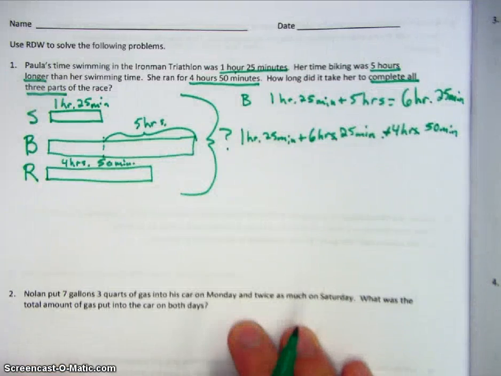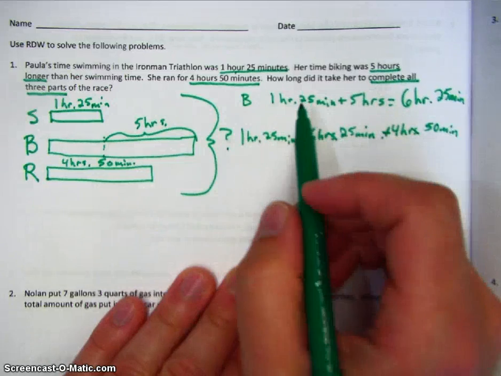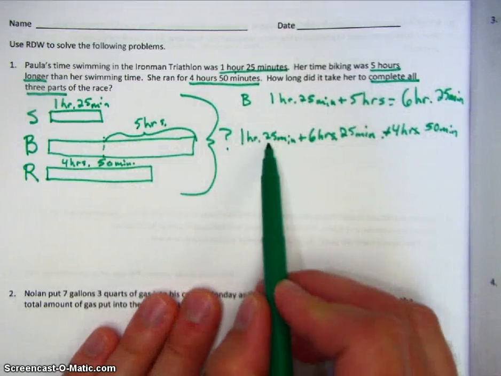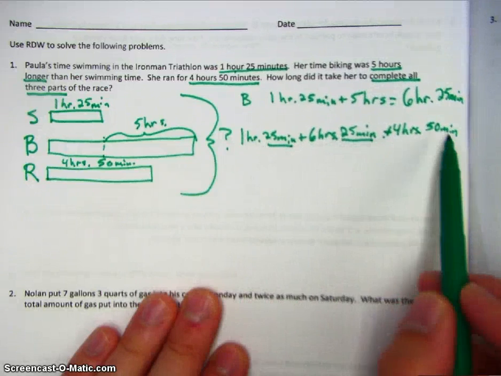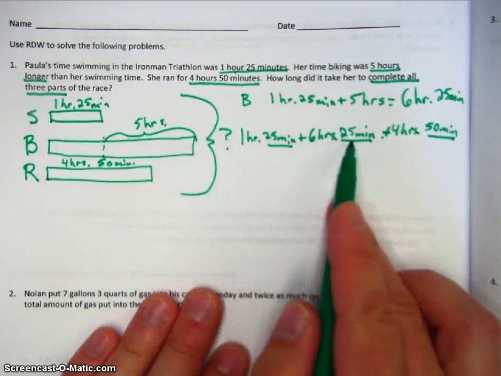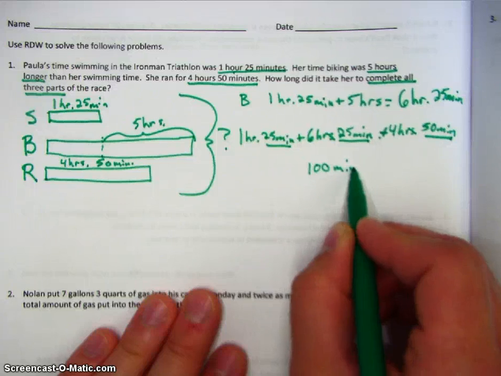Now we can start combining our like units. For minutes we have 25, 25, and 50. Well, we know that 25 plus 25 is 50, plus another 50 gets us a total of 100 minutes.